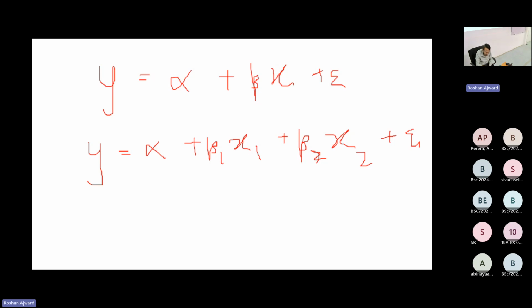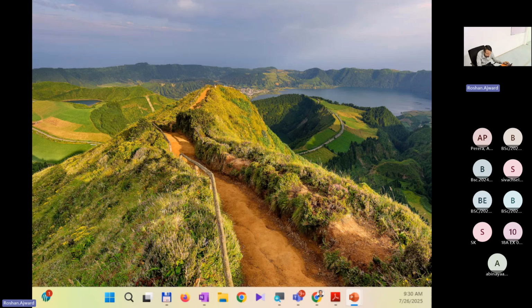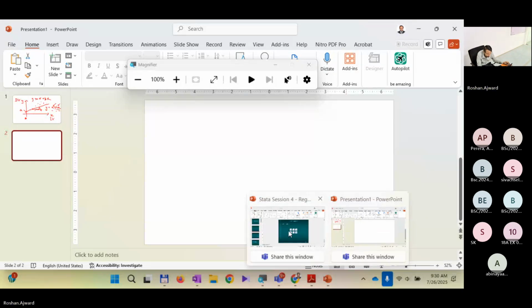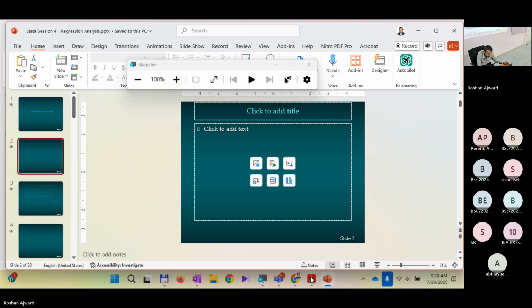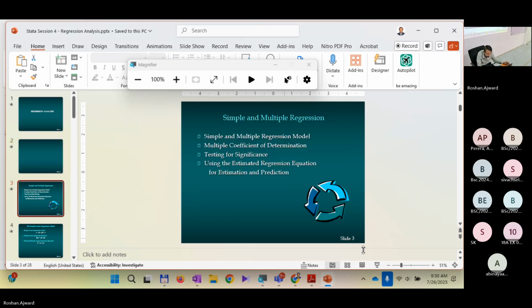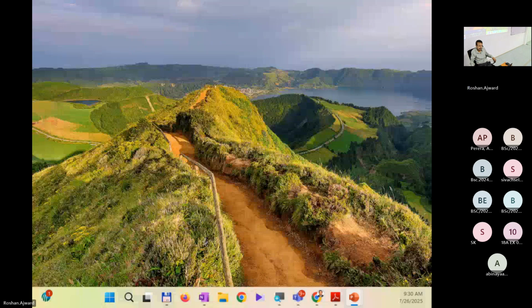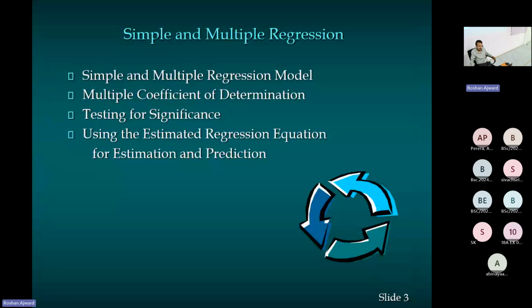So I have jotted down these things as well. I have put this in the original slideshow. Now let me go there. So I have written down these things. I differentiated between simple and multiple regression models.